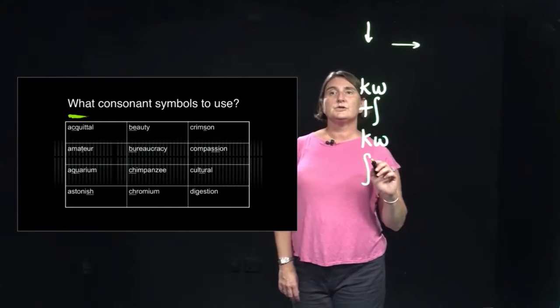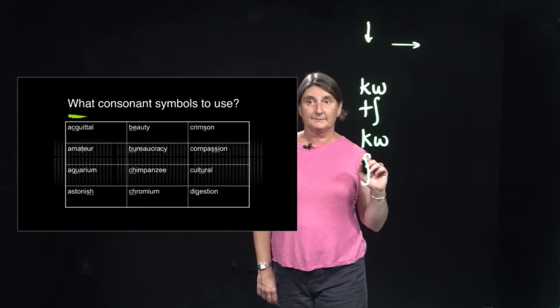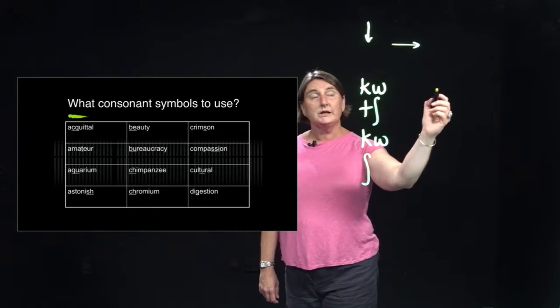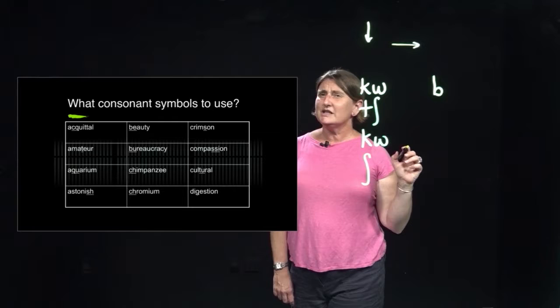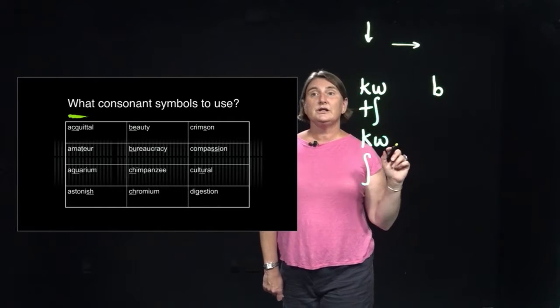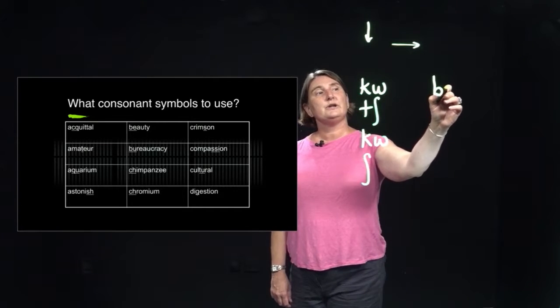Then we go on to our middle column where we've got the word beauty. Now, of course, we're going to need a B, but what is often forgotten is that there's a y sound in there in beauty. If you don't include the ya, you'll be transcribing booty, but you want to do beauty.